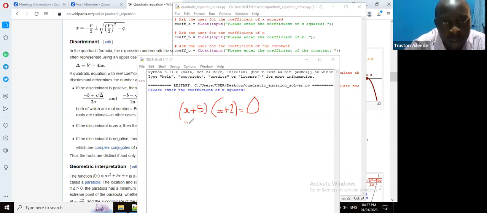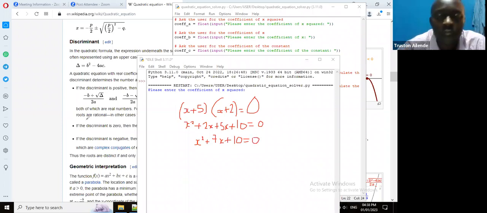So this is going to be x squared plus 7x plus 10, which factors as x plus 5 times x plus 2.